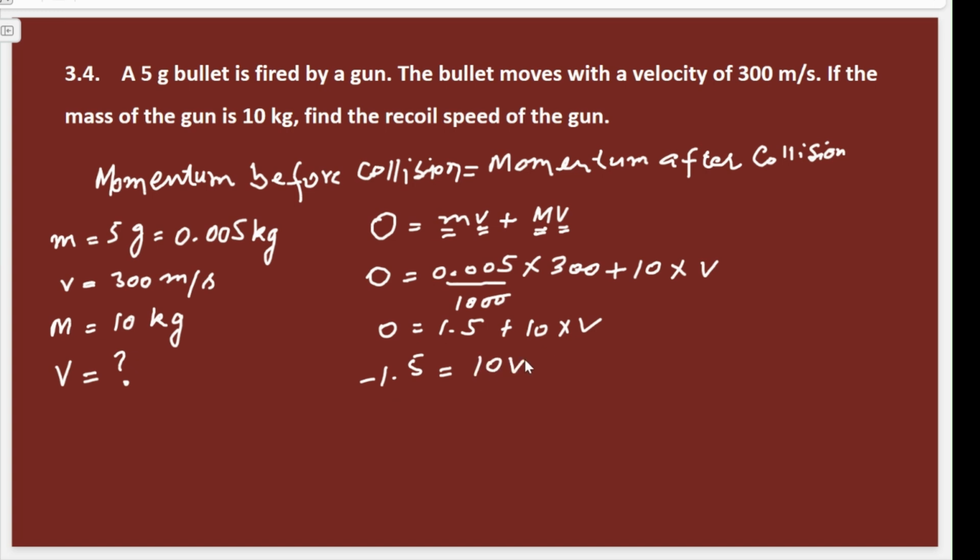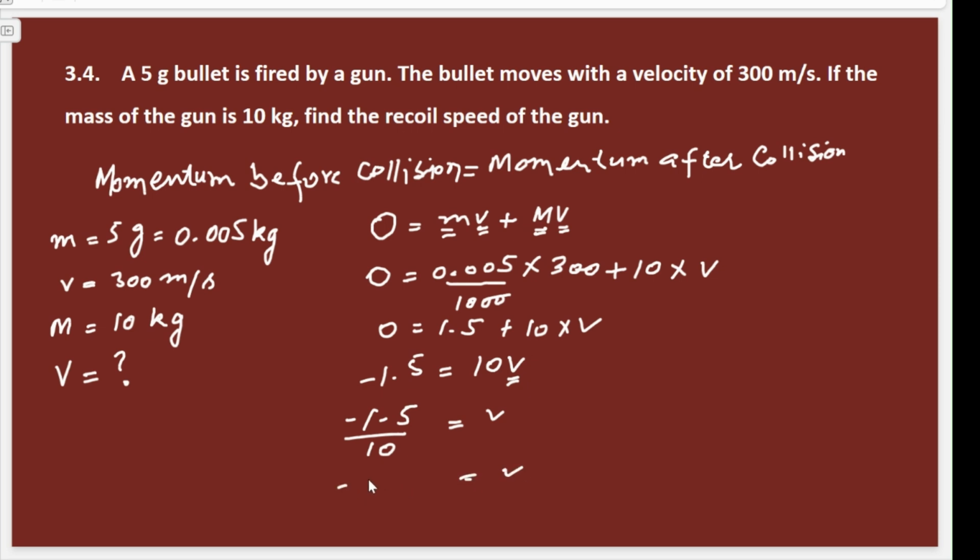Since we have to find the recoil velocity of the gun, we will divide by 10 on the other side.